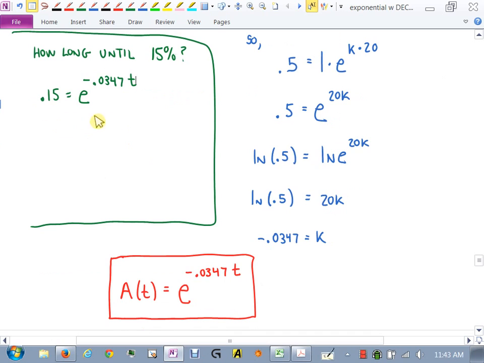You do natural log on both sides again. And the same thing will happen. The exponent is just going to drop out. The natural log of e is going to cancel. Do that on your calculator. What do you get? Natural log of 0.15. Divide that by a negative 0.034.